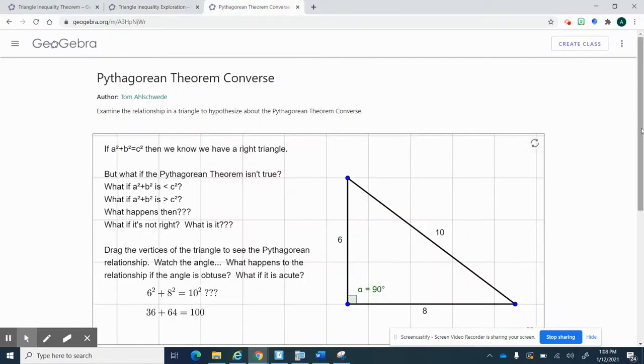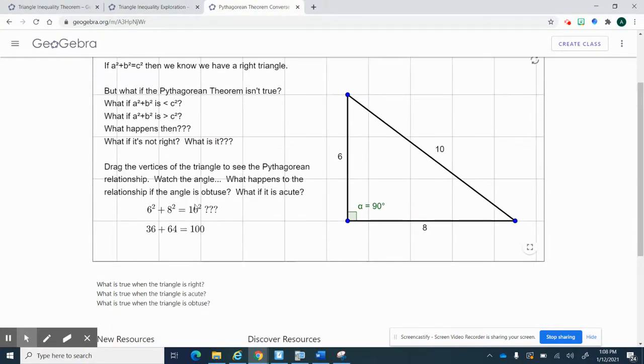We know that if a squared plus b squared equals c squared, it's going to be a right triangle. That's what we talked about, the Pythagorean theorem and its converse. But again, we have other kinds of triangles. We have acute triangles and we have obtuse triangles.